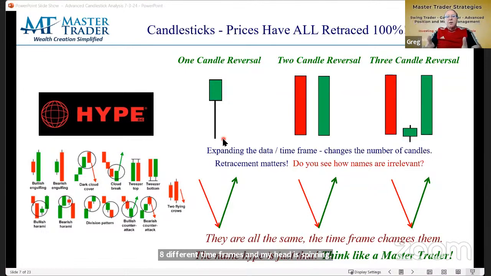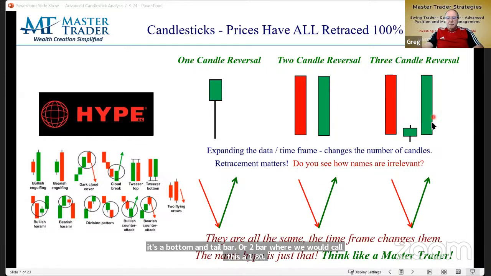So the takeaway from this slide is to recognize that as you expand data and contract data, the picture is going to change, but the meanings are going to be the same. So all of these names here, right, it went up and it went down, or down and it went up. Who cares about the names? Whether it's a bottoming tail bar or a 2-bar, where we would call this a 180, or this 3-bar, call it whatever you want.